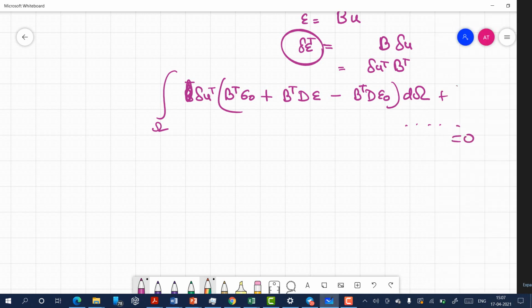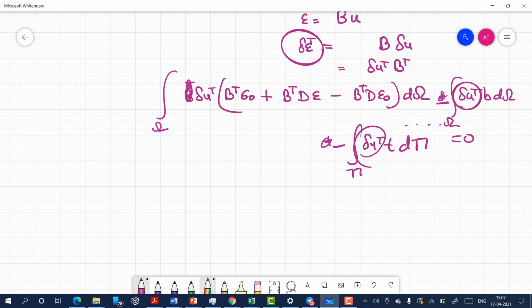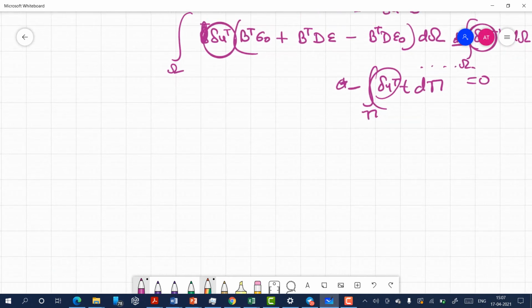So let me write those. I had volume integration of del U transpose body forces along the volume, and then I had a minus sign here, and I had traction forces on the displacement and d omega. So I can take this out from all these terms and only have the remaining terms, right?